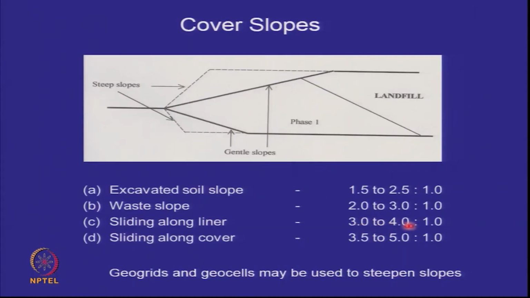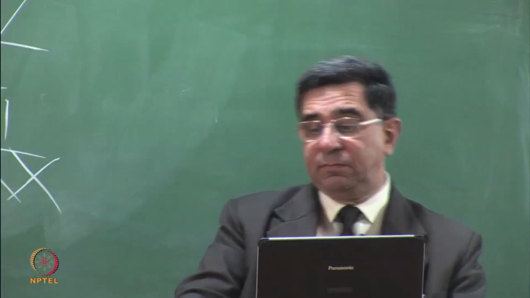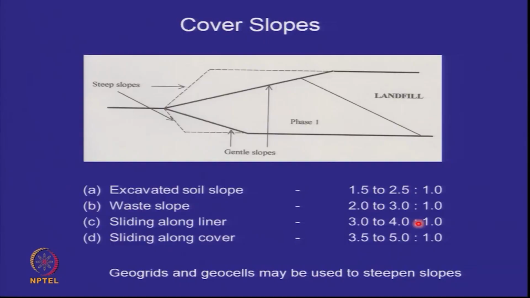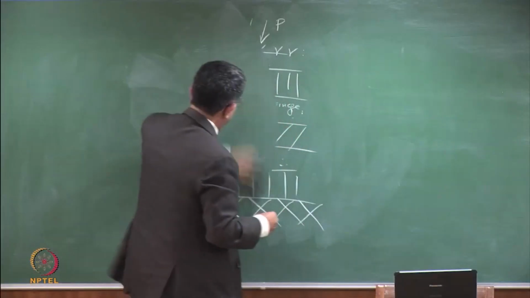And also along the liners, the problem is you have put a geomembrane. The moment you put a geomembrane, it's a slippery surface. Two things happen. Water will get stuck at the geomembrane and start to travel along the geomembrane. So I think we need to understand this.